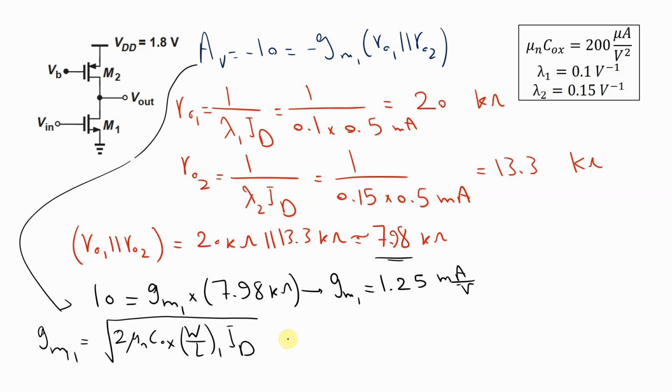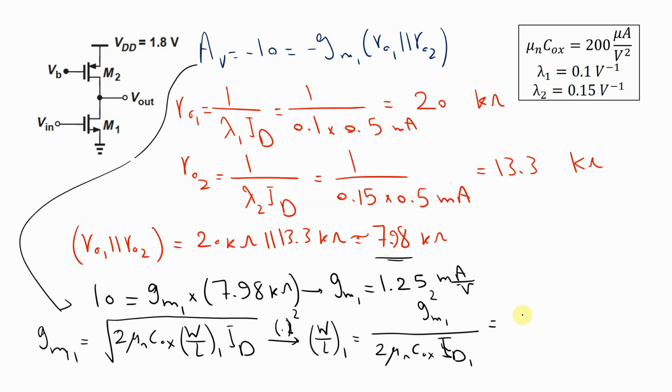We have 3 different formulas for gm1. You have to master all of them. So for the result for W over L1, you can simply square both sides, so W over L1 equals gm1 to the power of 2 divided by 2 mu n C ox times I drain.